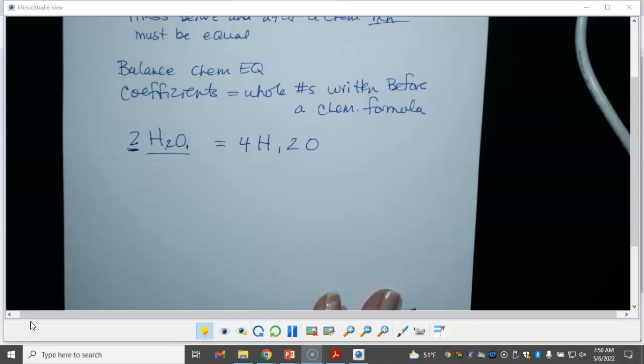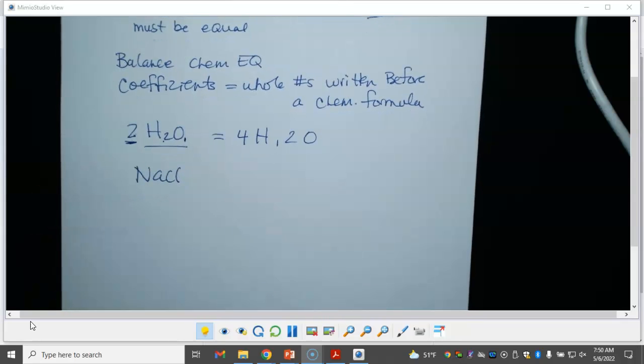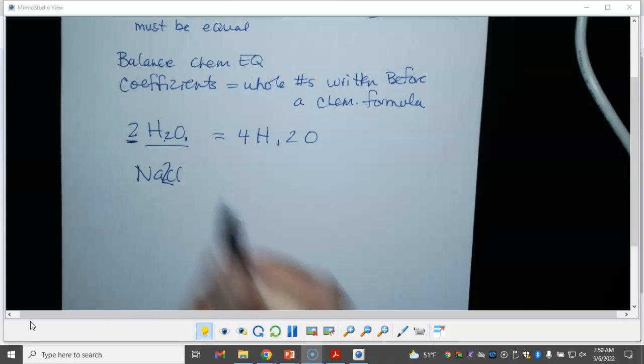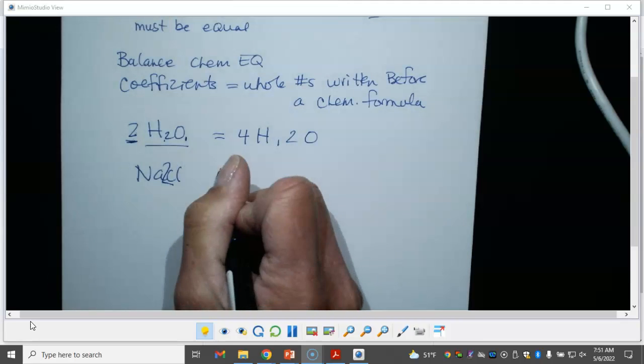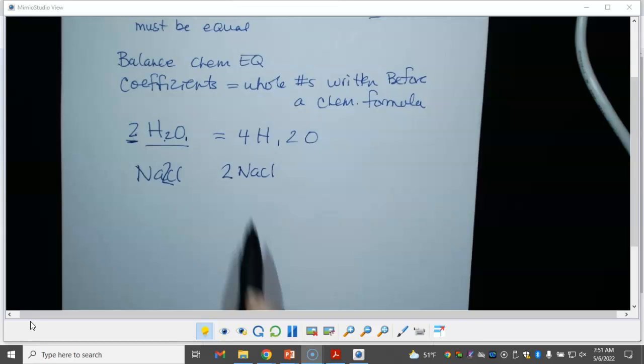Okay, so a coefficient will only ever go in front of a chemical formula. So let's say for instance I have NaCl, okay? I would never try and stick a coefficient in between the two of them, okay? Because sodium chloride is a compound. If I need more of those formula units, I could put a 2 in front of the NaCl, and that would tell me I have 2 sodium chloride units, okay?